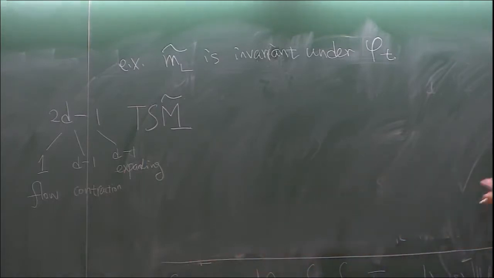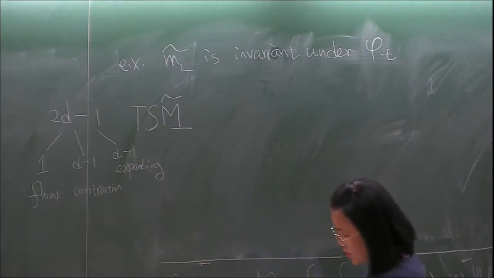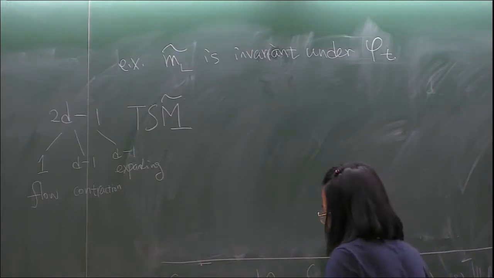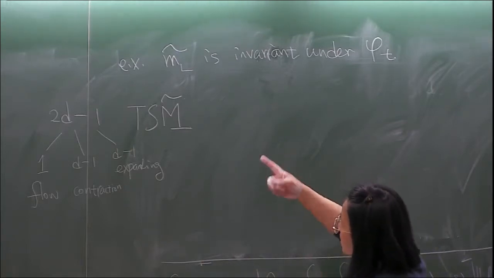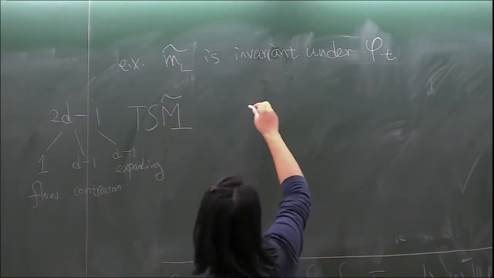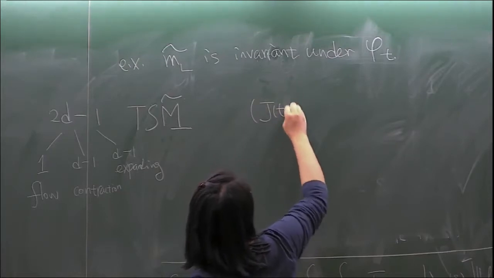You just apply this to the basic example, and you will see this. For a vector in this space, yesterday we said we can use the Jacobian field.